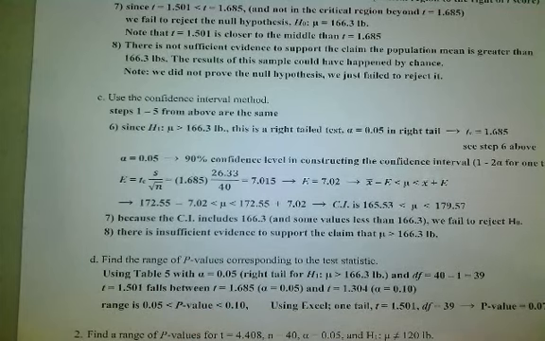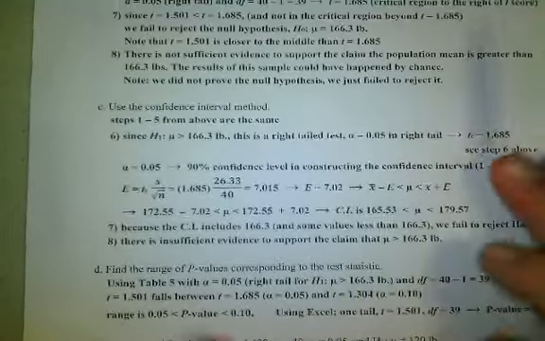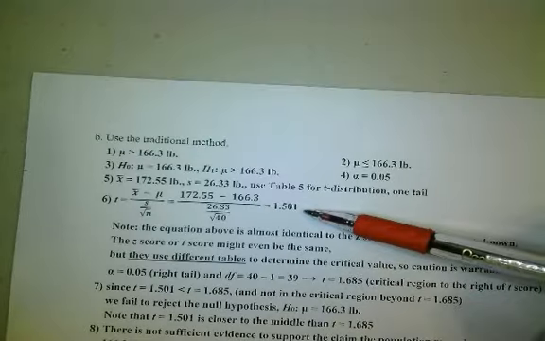Okay, but now when we actually look at Table 5, what we see is that 1.501 is not there on the table, because remember in Table 5 it doesn't list every value. We got that from the test statistic.